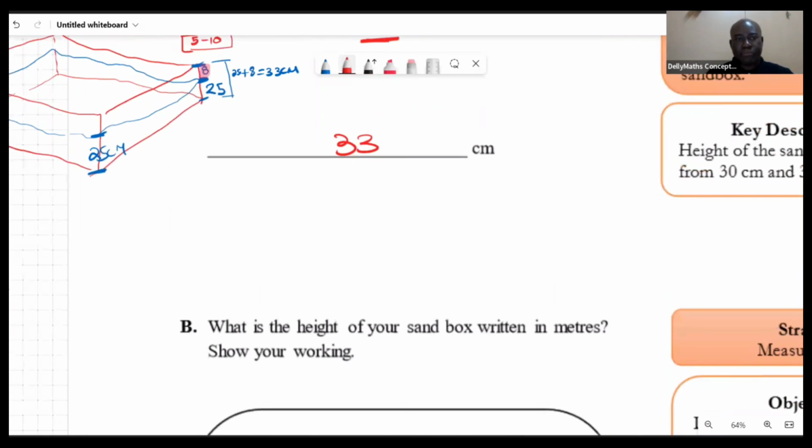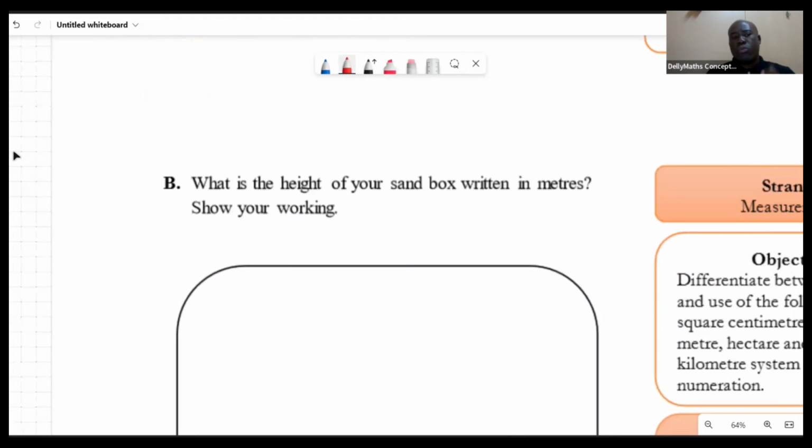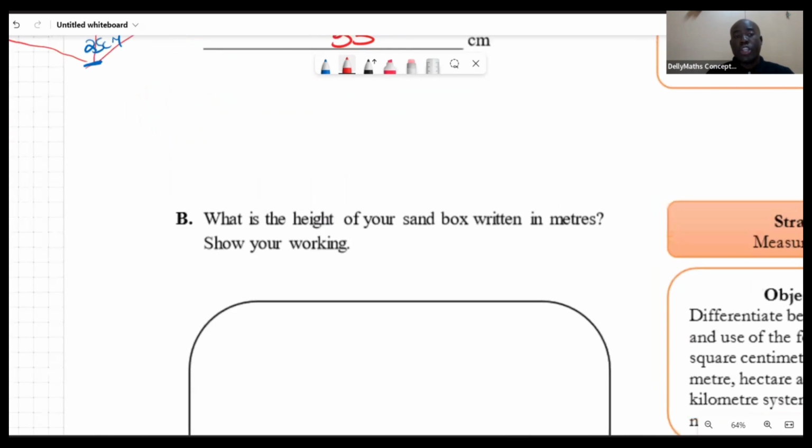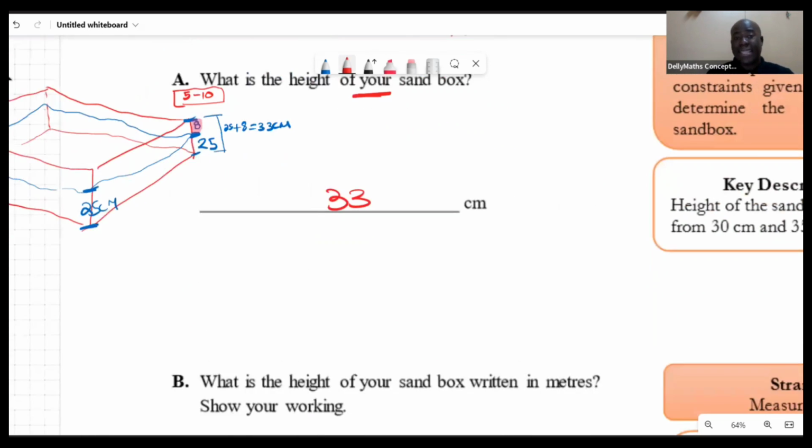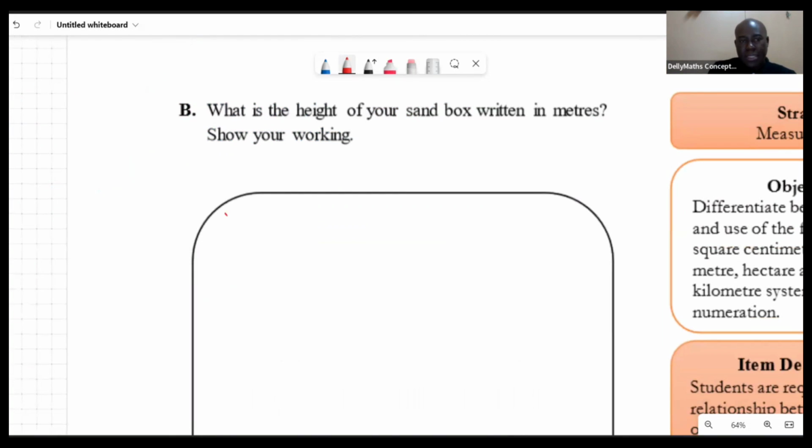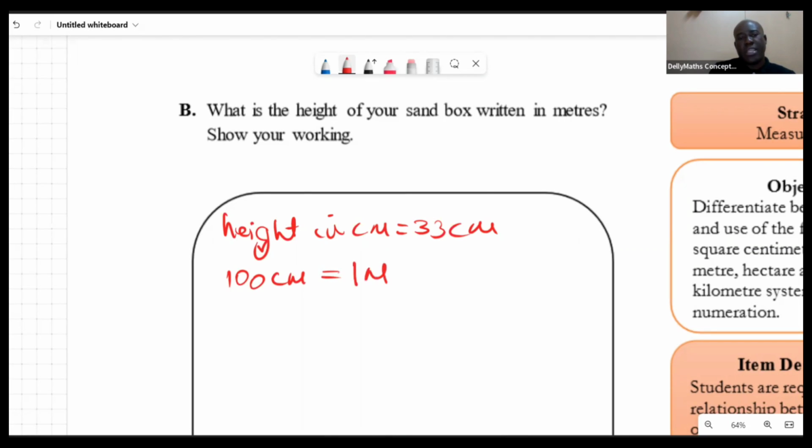Let's go to the B part. The B part says, what is the height of your sandbox written in meters? Show all working. Now, the height of my sandbox in centimeters, right? So the height in centimeters is 33. So I have 33 centimeters. But remember though, it takes 100 centimeters to give us 1 meter.